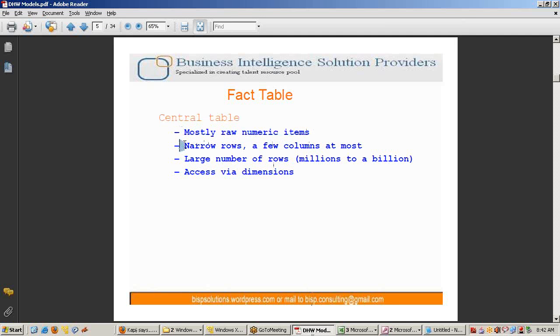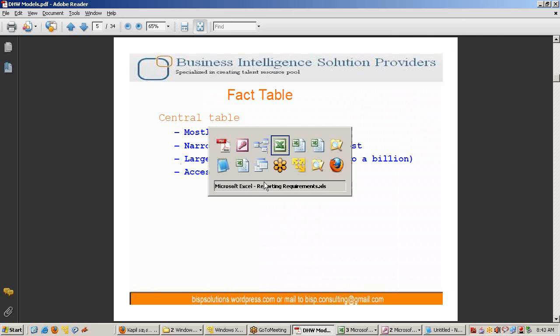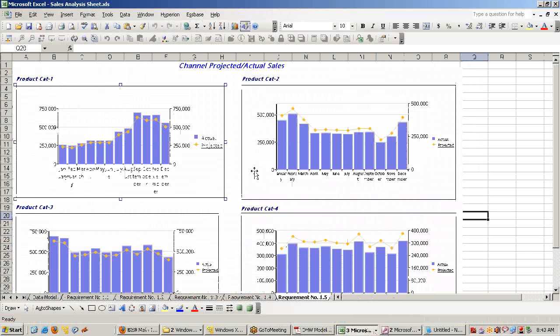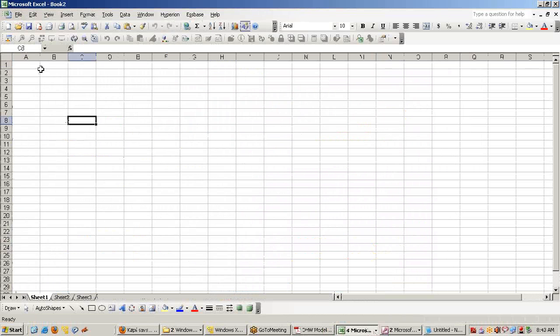Generally it is narrow, with few columns. It's very narrow and very huge. You know why it's very huge? Look at this. This is my transactional table for the fact. Let's say I take only four columns for the fact, sales.